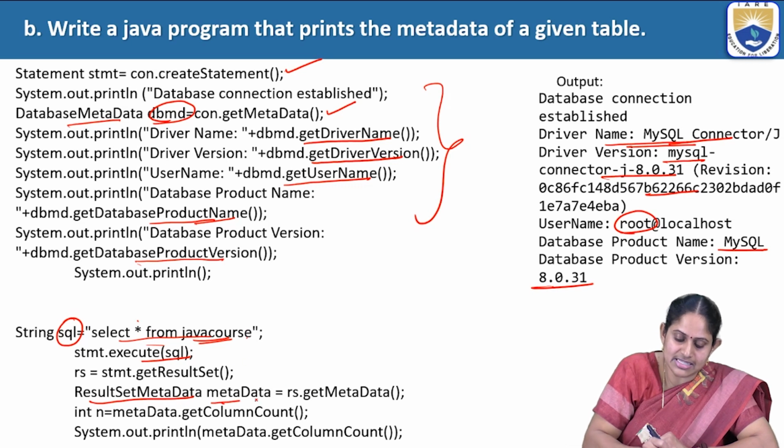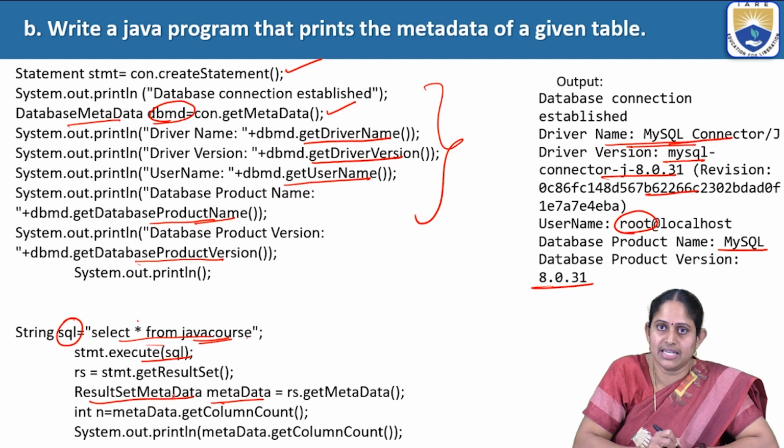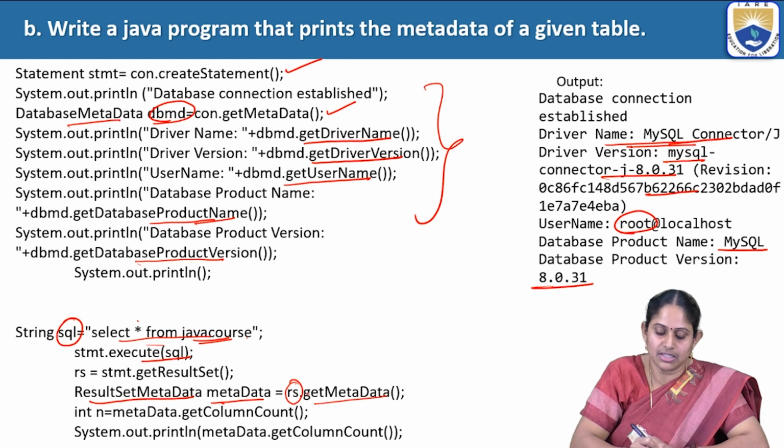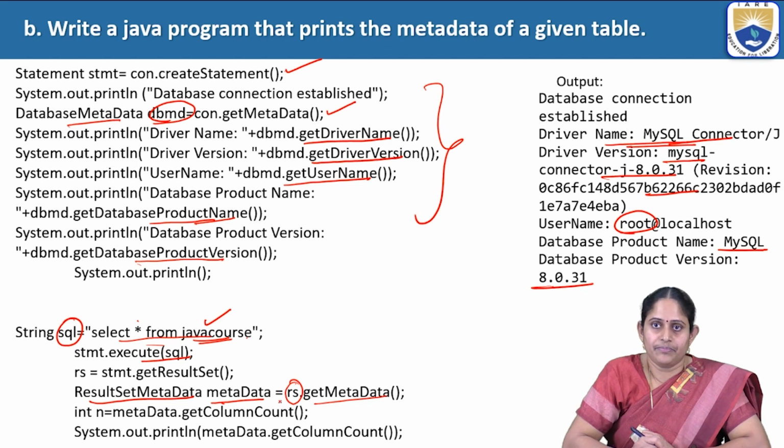Now I have to get the metadata of that particular result set. I create an interface reference variable of ResultSetMetaData, and I'm calling the getMetaData method on the result set. It will return all the metadata related to that particular result set, which is regarding the Java course table.